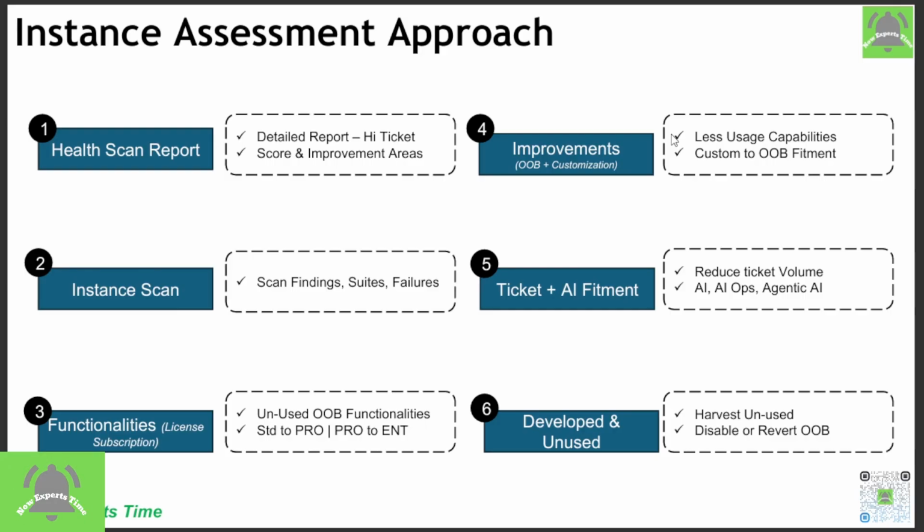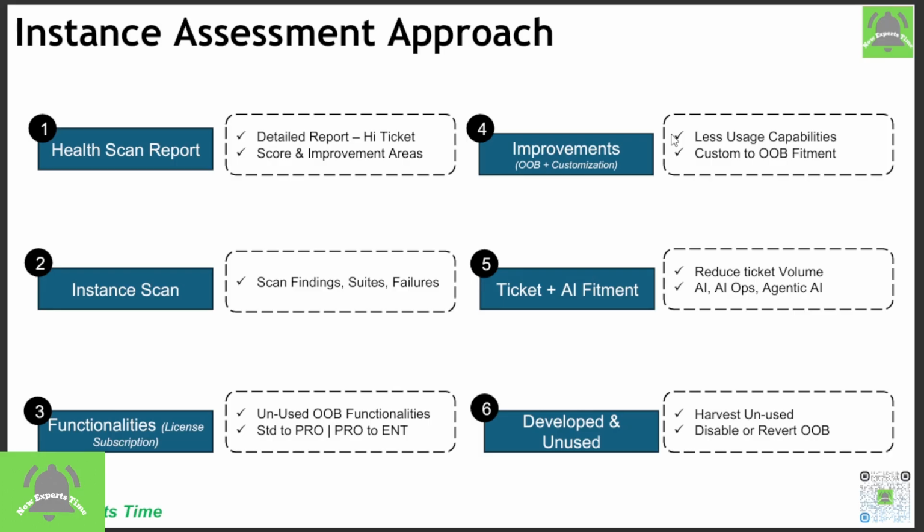Whatever you want to customize, without touching out-of-box fields and workflows, create a new flow and new fields. It will not disturb your out-of-box functionality, your version upgrade or your patch upgrade. So you can reduce problems and issues when you customize without touching out-of-box capability, and it is easier to handle for version, patch and other areas as well.